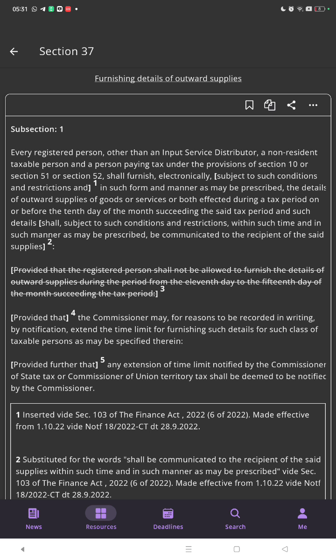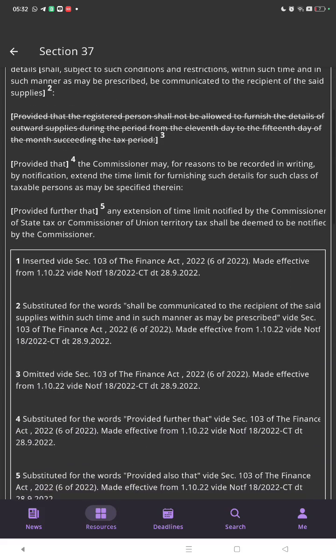Subsection 1: Every registered person, other than an input service distributor, a non-resident taxable person, and a person paying tax under the provisions of section 10 or section 51 or section 52, shall furnish electronically, subject to such conditions and restrictions and in such form and manner as may be prescribed, the details of outward supplies of goods or services or both effected during a tax period on or before the 10th day of the month succeeding the said tax period, and such details shall, subject to such conditions and restrictions, within such time and in such manner as may be prescribed, be communicated to the recipient of such supplies.